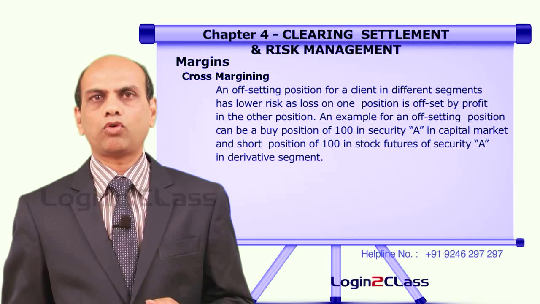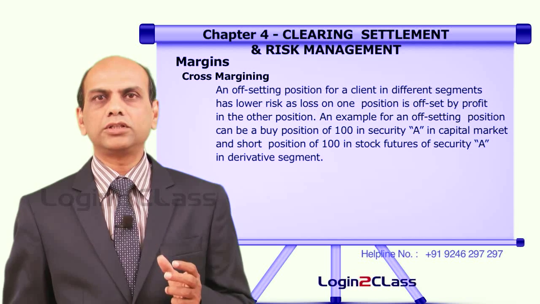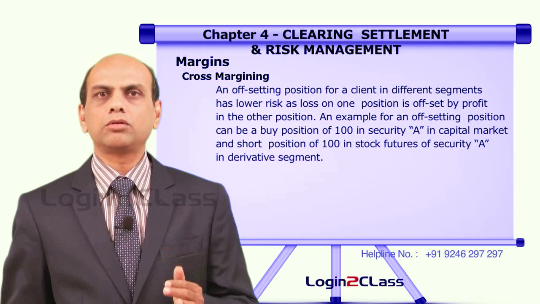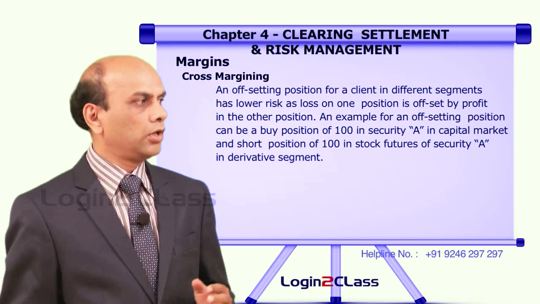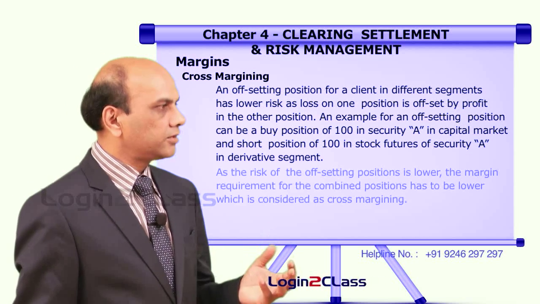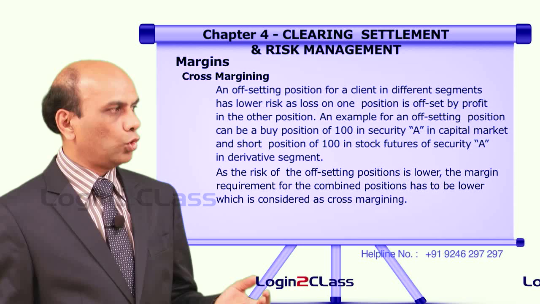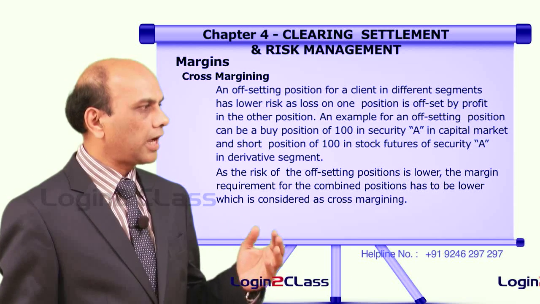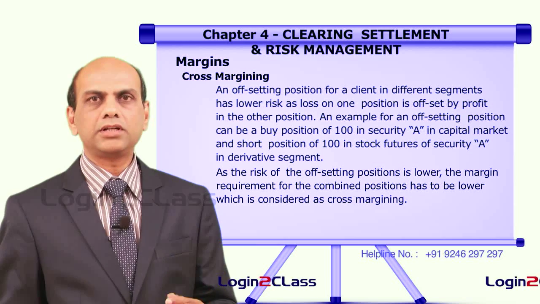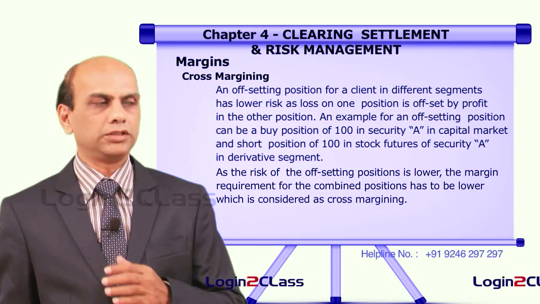In such cases, the cross margining will reduce the actual margin that has to be paid by the trading member. As the risk of the offsetting position is lower, the margin requirement for the combined position has to be lower, which is considered as cross margining.